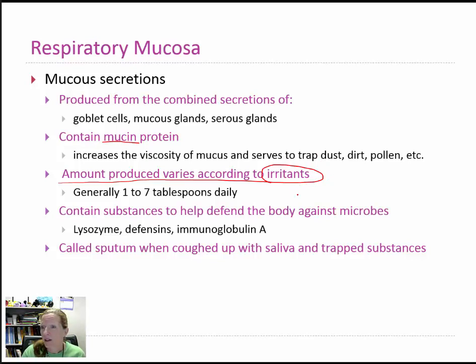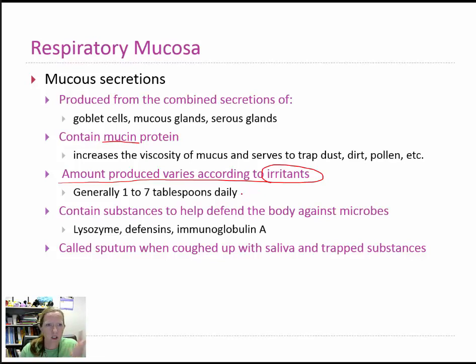Also, cold weather is going to cause you to produce a little bit more mucus as well, but it causes it to be a little bit more watery. Anytime that you're exposed to cold, you have a little bit more water condensation that occurs, and it kind of freezes the cilia as well.